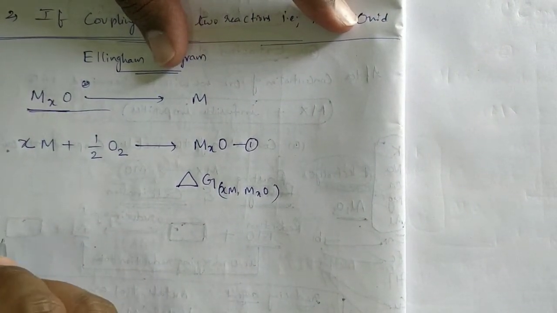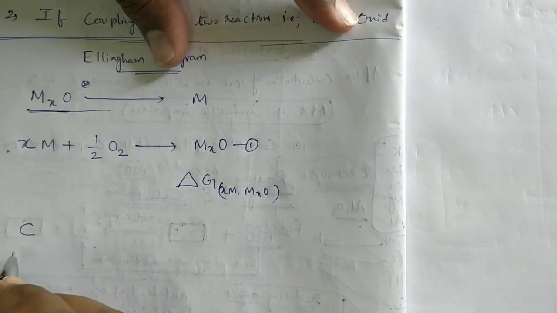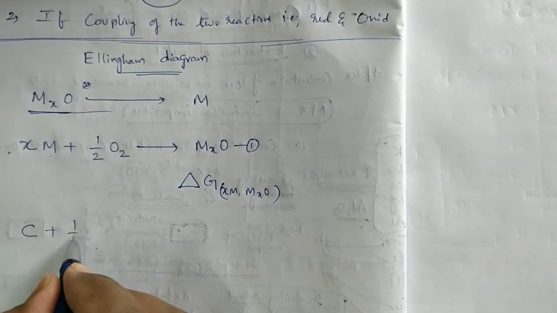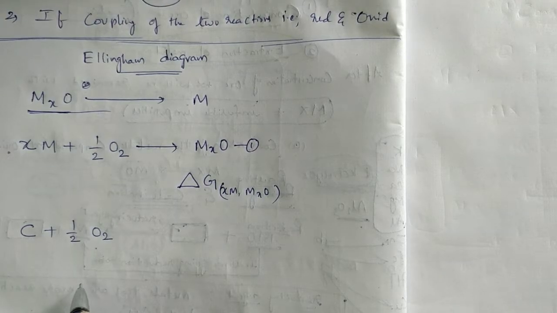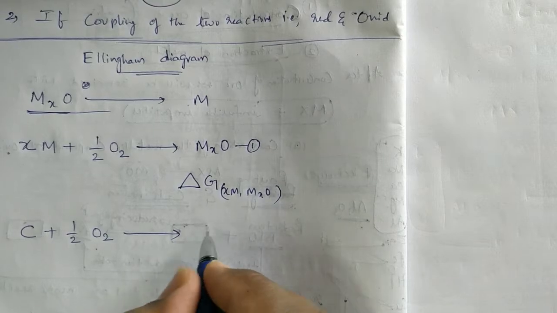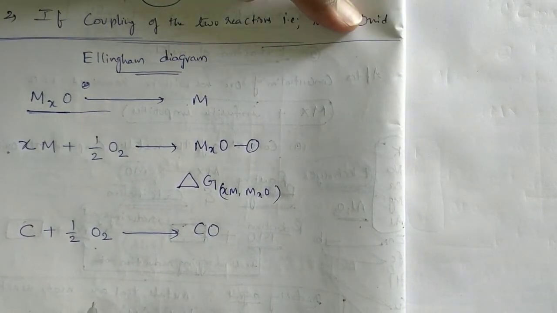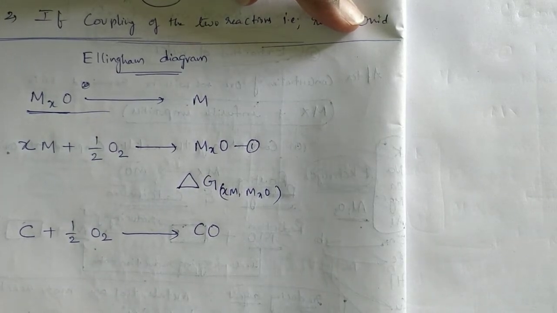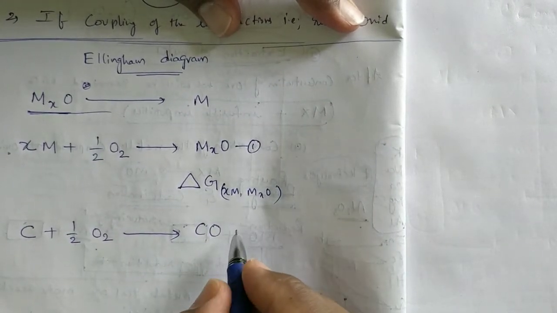Next one. I am going to take one reducing agent, like carbon. Carbon is going to react with half O2 to form CO, carbon monoxide.